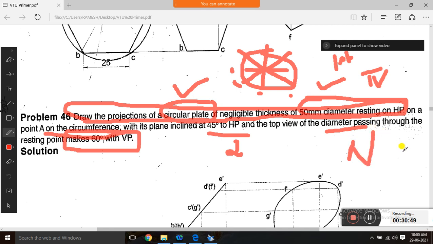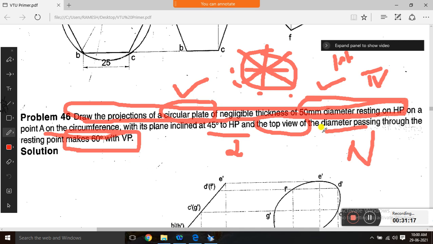Because here they have given the top view. They mention that in the third position, the top view. If you don't mention any top view, then you have to go with the locus method, but here they clearly mention it is an appears-to-be, which is nothing but a top view. So the top view is 60 degrees with VP, meaning you have to go with the normal method, not the locus method.